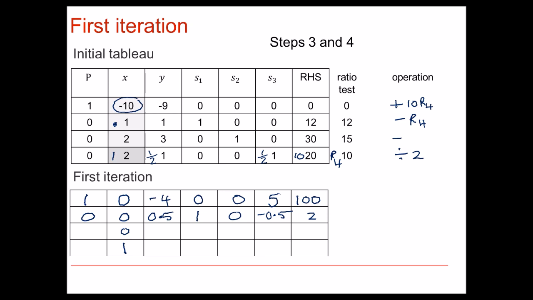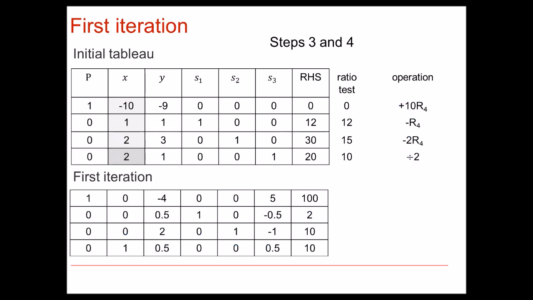And then I need to take away 2 lots of row 4. 0, 0, 2, 0, 1, minus 1, and then a 10. The row 4 I have already worked out from above.